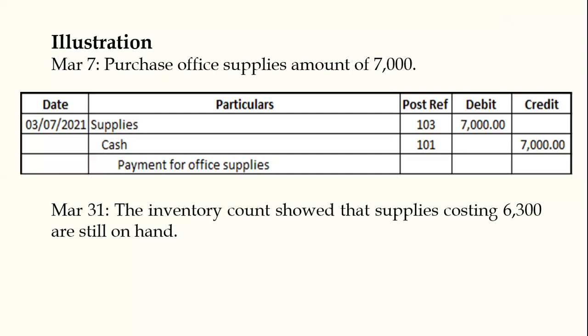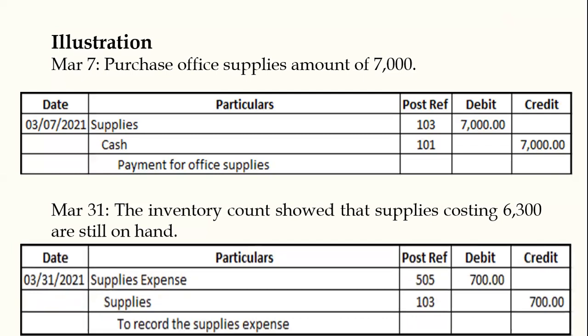So it means mayroon tayong nagamit na magkano? 7,000 less 6,300 is equal to what? 700. That's why we need to recognize an expense since naigamit na natin yung supplies na yan. So supplies expense, that is debit, 700, and then supplies, credit, 700. So the balance na lamang ni supplies ay 6,300.